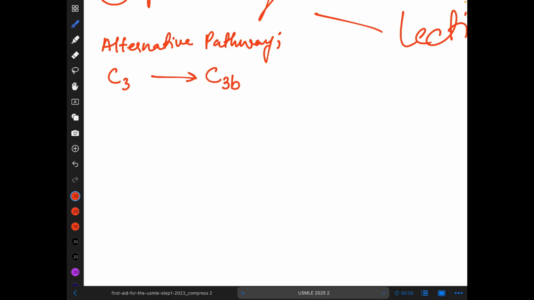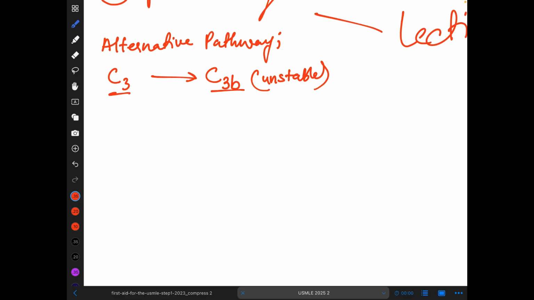C3b. C3 spontaneously converts to C3b, but the C3b is rapidly destroyed unless stabilized by binding some components. Guys, C3 is going to activate into C3b spontaneously, but it will be destroyed rapidly if it is not stable. Spontaneously it is converted, but it is unstable. But when it can attach or bind to some components on its surface, then it becomes stable.